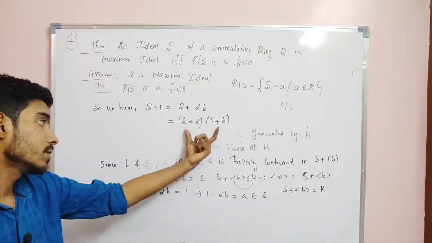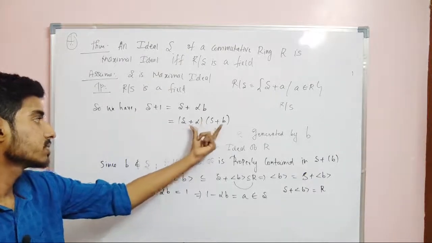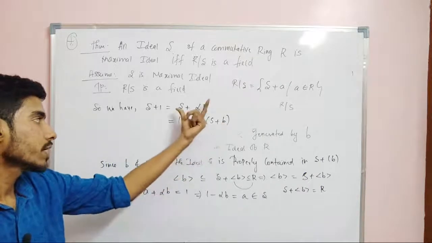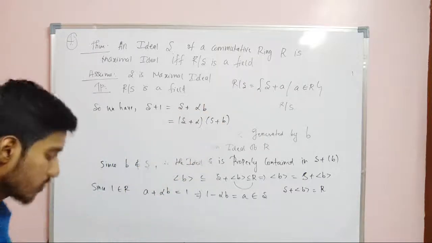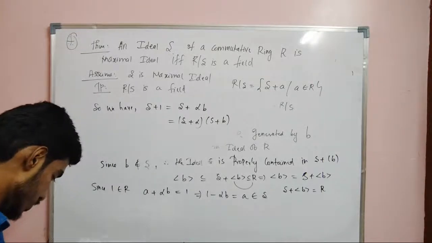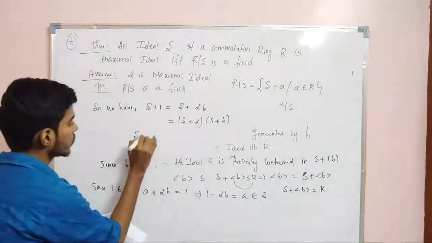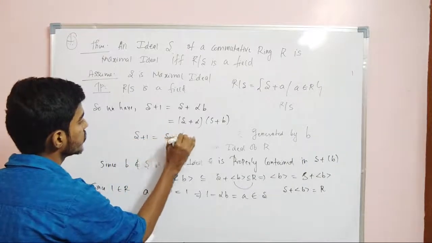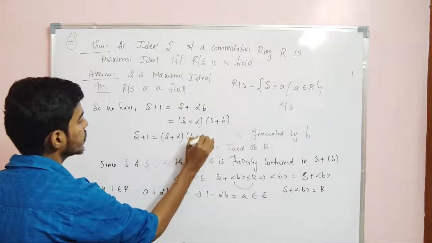Whenever you are multiplying two elements, you multiply S plus AB. So S plus 1 is equal to S plus alpha into S plus B.